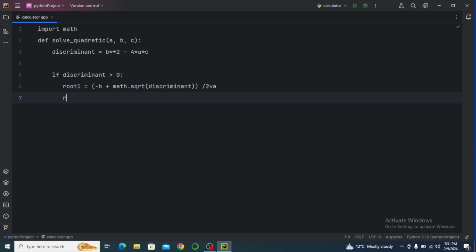For the second root, root 2, we're going to repeat the same thing, but this time it's going to be negative.